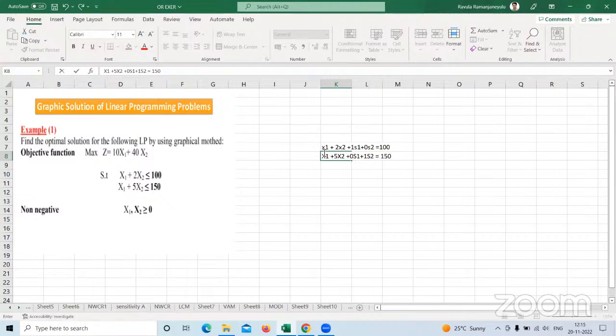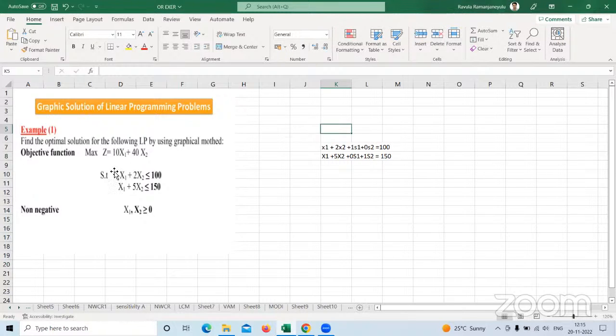These are the two constraints which we converted into simplex format. When we convert them, we are adding a slack variable to each equation. So S1 and S2 are the two slack variables which we also need to add to the objective function.